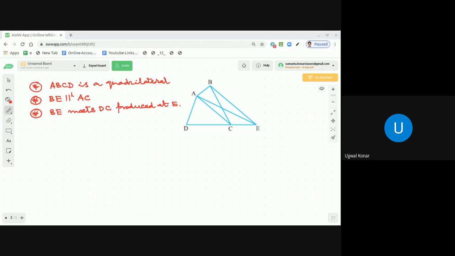So what do you need to prove? We need to prove that the area of the triangle ADE is equal to the area of the quadrilateral ABCD.